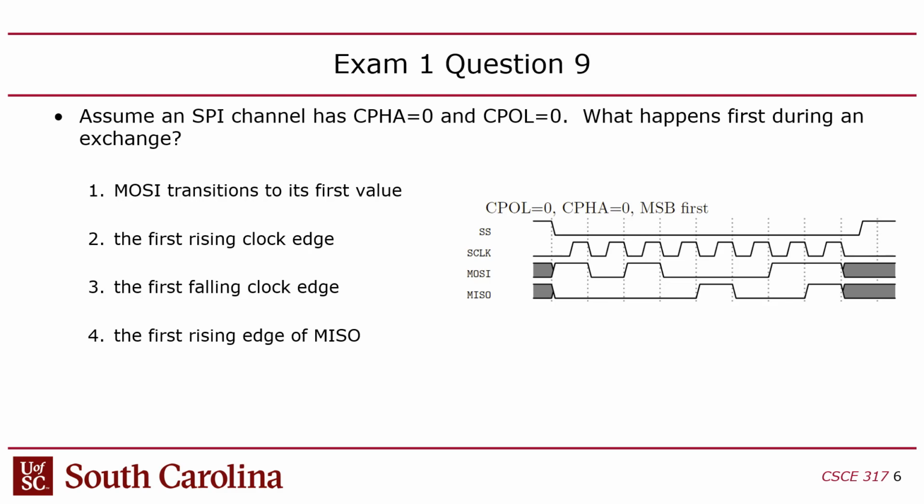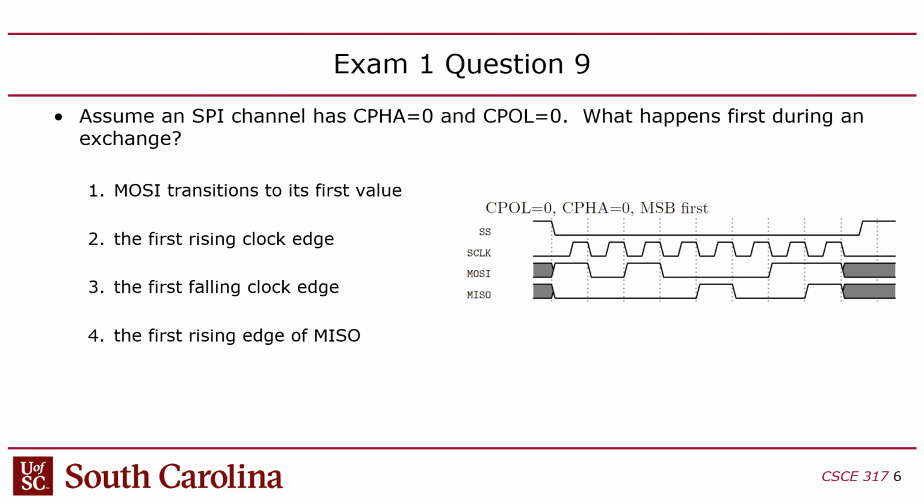It doesn't have any effect on this question at all. CPOL, the clock polarity, doesn't have any bearing on this. The CPHA describes when the data changes relative to the clock. And CPHA 0 means the data has to start changing before the clock changes. And so that's the first thing that happens here, is that the data changes.